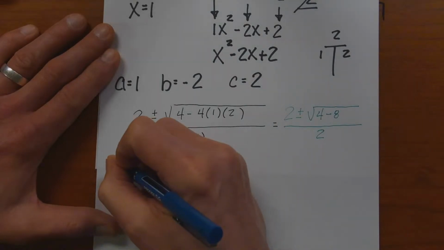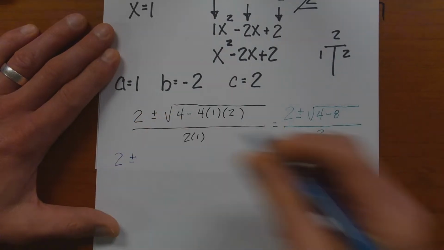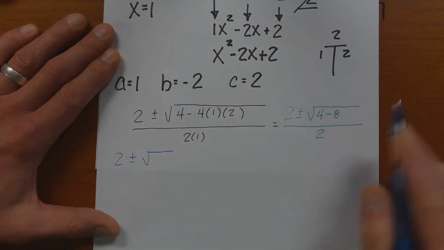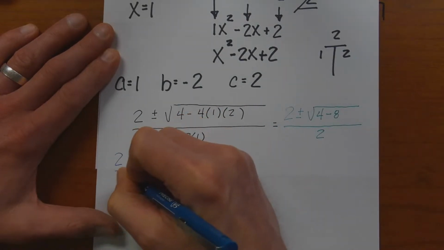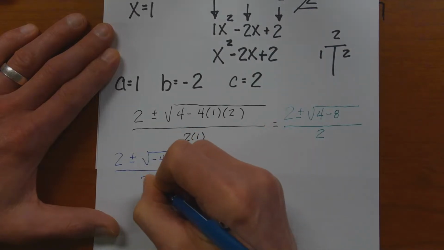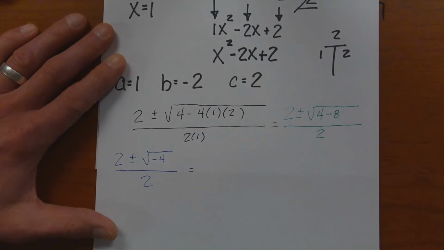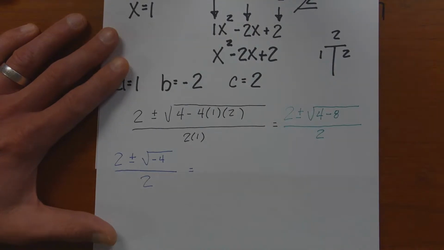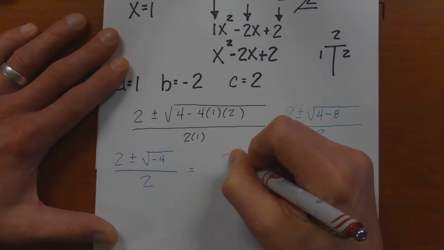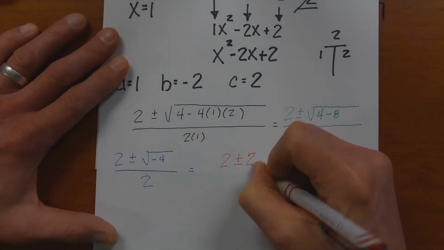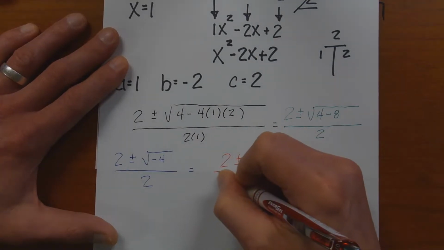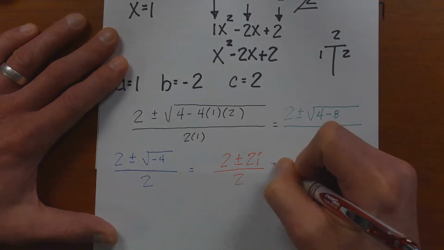Okay, simplify a little bit more. 2 plus or minus the square root of 4 minus 8 is negative 4, all divided by 2. Let's simplify again. 2 plus or minus the square root of negative 4 is 2i, all divided by 2.